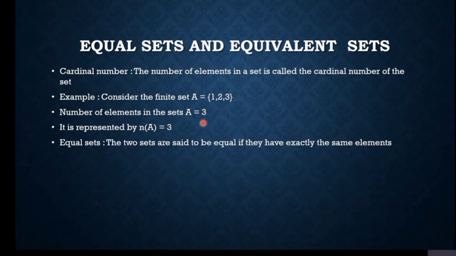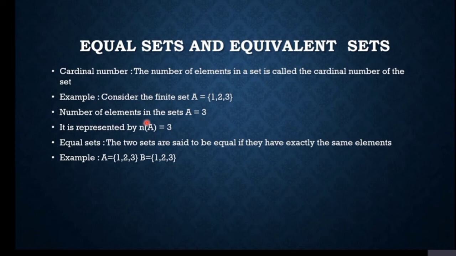Next one, important one, equal sets. If two or more sets contain the same elements, they are called equal sets. For example, A = {1, 2, 3} and B = {1, 2, 3}.